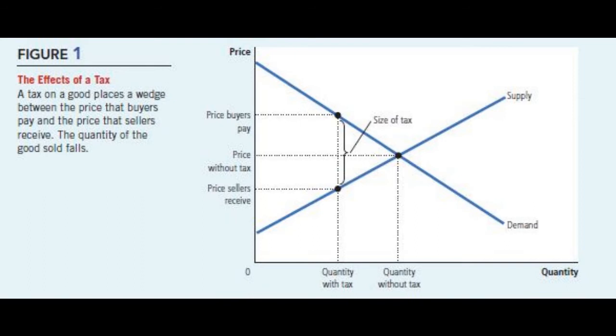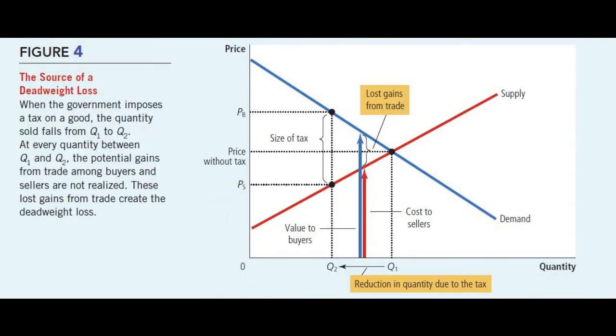So this decreased quantity of sale, economists call this lost surplus because of this decreased quantity sold. They call that deadweight loss. And this is one of our biggest problems with taxation and with government policies like price ceilings and price floors. This problem of deadweight loss.